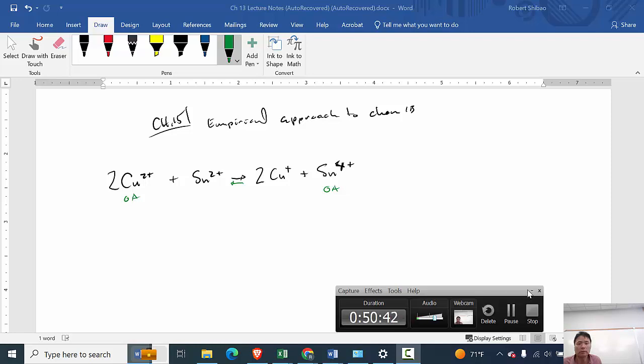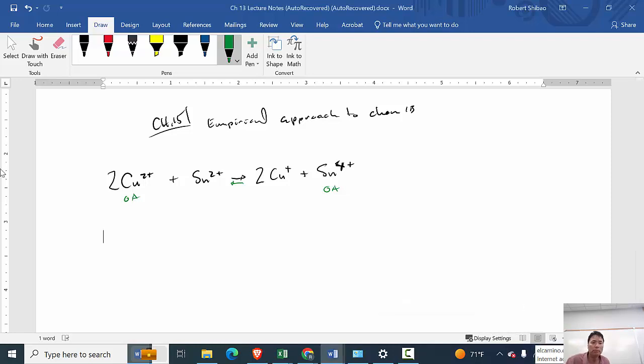Copper 2. Okay. This is stronger. This is weaker. So in Chem 1A, we'd say that there's driving force present. For Chem 1A, driving force is present, check. Therefore, we expect 100% reaction.